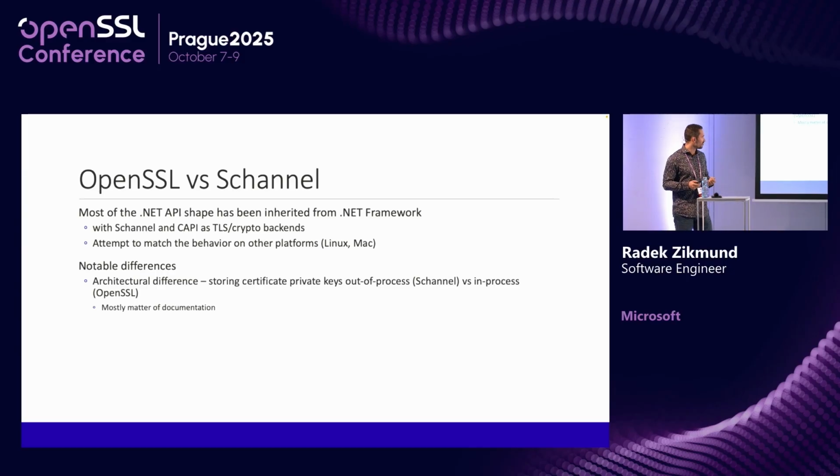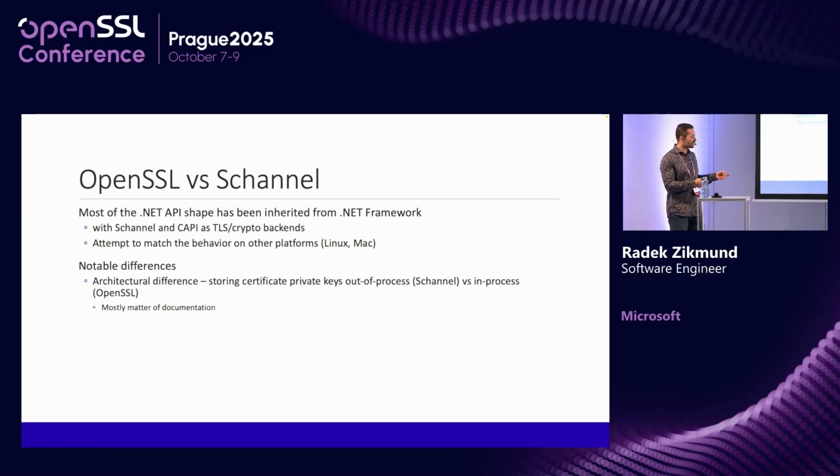And the chief one is that, for example, when you load a certificate with a private key on Windows, when you are using Schannel or crypto APIs over there, the bytes of the private key are never present in the application's memory. So if for some reason somebody managed to memory dump the application process, they would never be able to find the private keys.